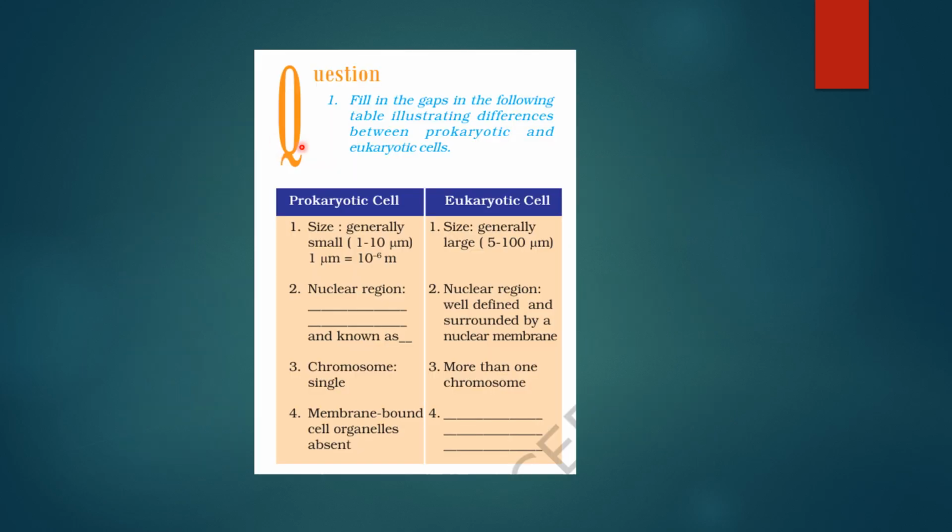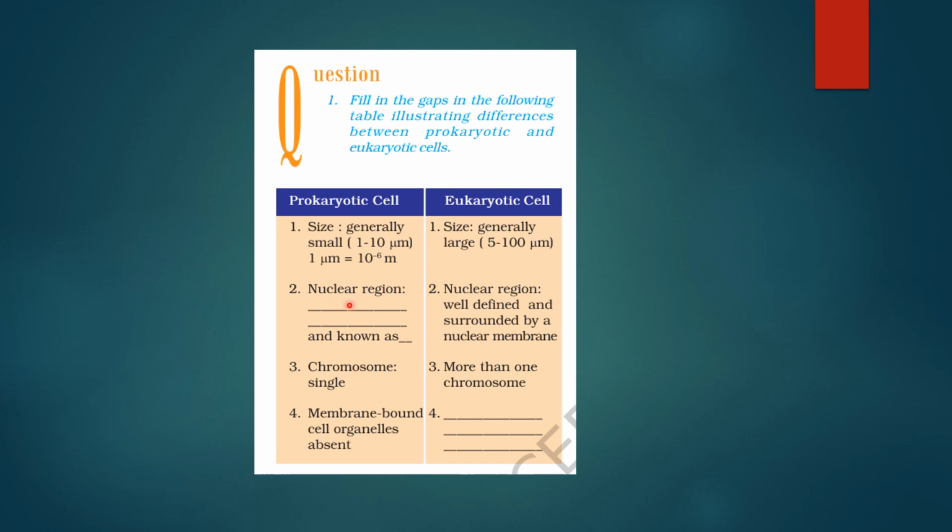Generally, in the exam, you may be asked the difference between prokaryotic and eukaryotic cells, so you can take the help of this table. The prokaryotic cell size is generally small, 1 to 10 micrometers. 1 micrometer is 10 raised to the power minus 6 meters. The eukaryotic cell is a little bigger, 5 to 100 micrometers, right? The nuclear region in prokaryotes is not well defined.